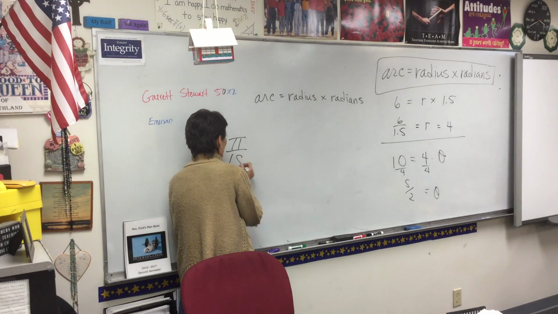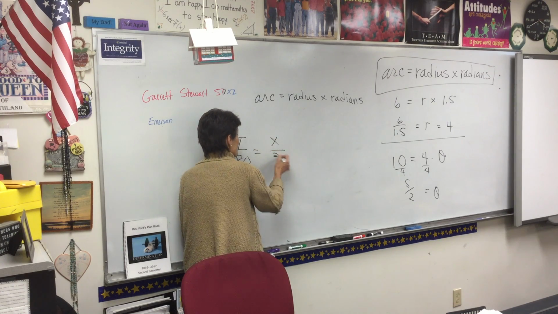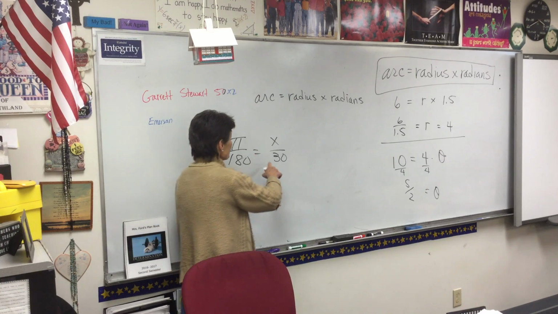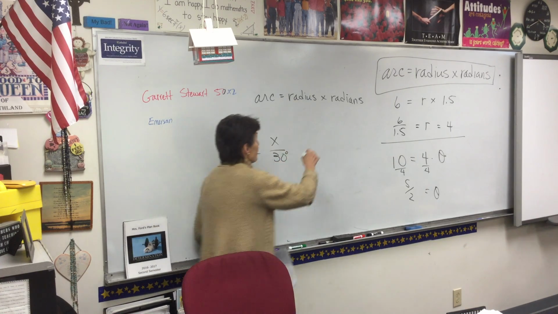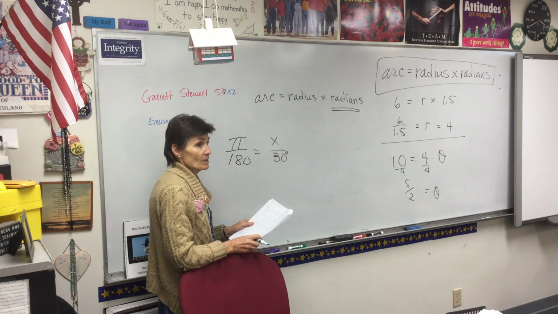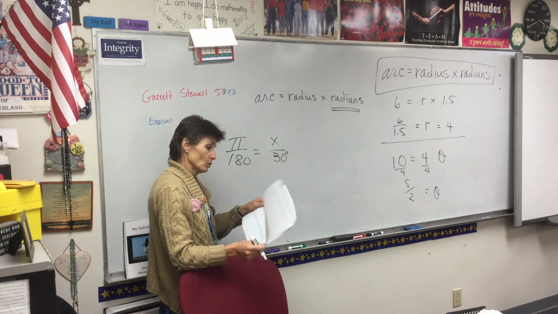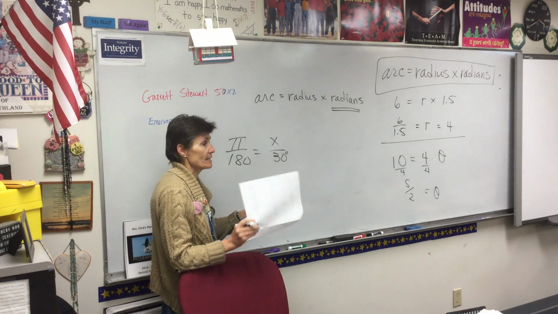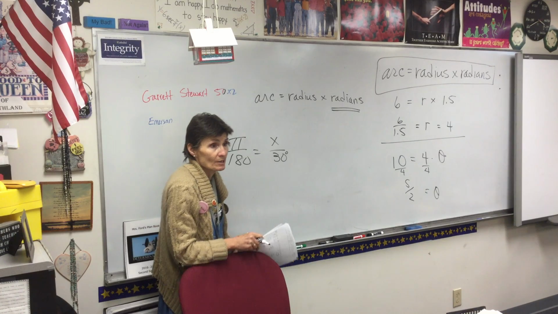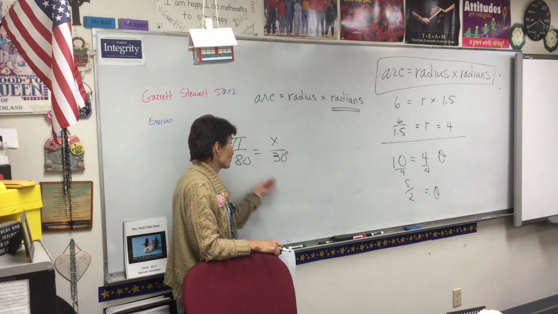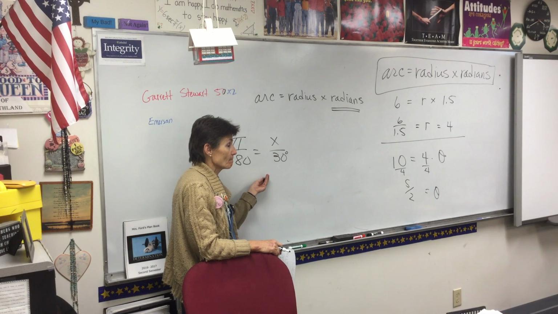So pi is 180. How much is 30? We have a 30-degree angle given to us, but we need it to be a radian. If you have already forgotten, look back at part 1. The very first thing we did today was change degrees into radians, just so we can do problems like this.